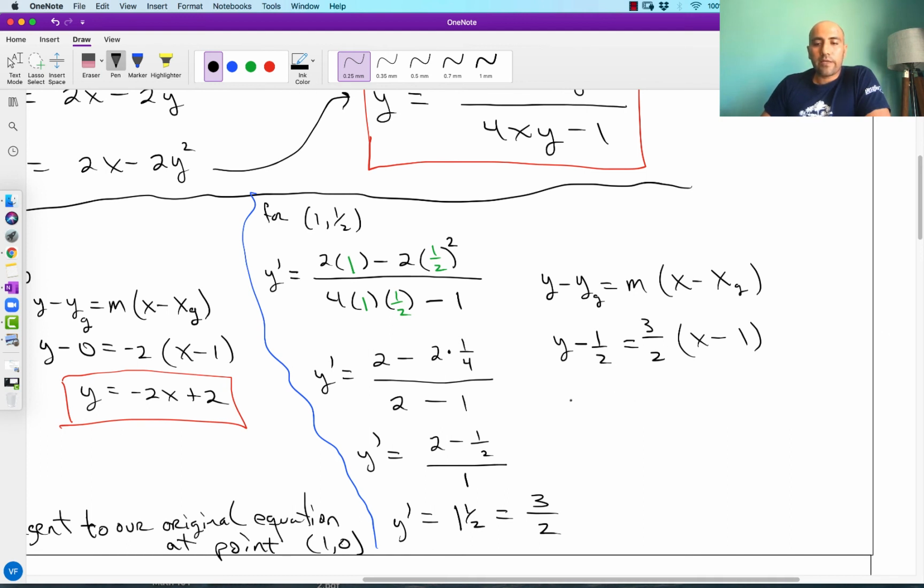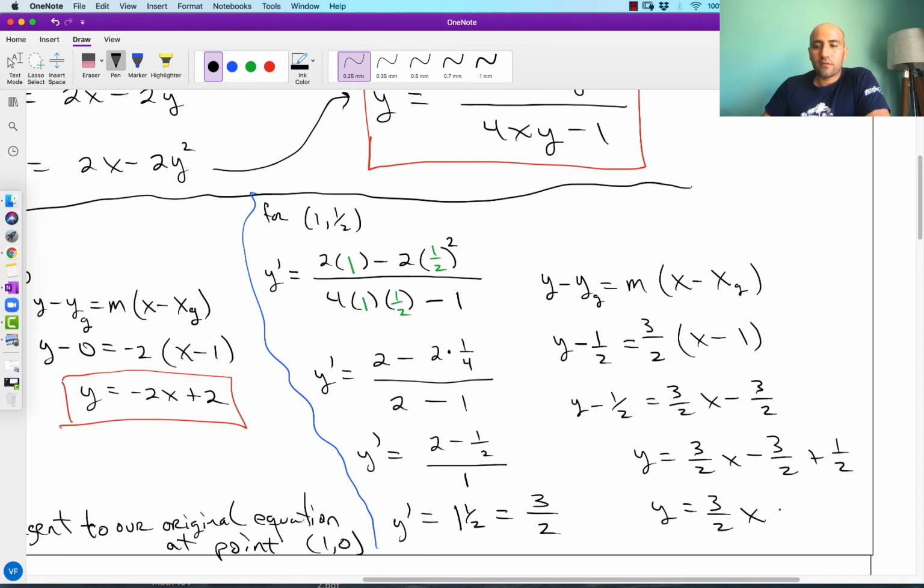Solving for y, we get y minus 1/2 equals 3 over 2x minus 3 over 2. And so y equals 3 over 2x minus 3 over 2 plus 1 over 2, which gives you minus 1. So y equals 3 over 2x minus 1.